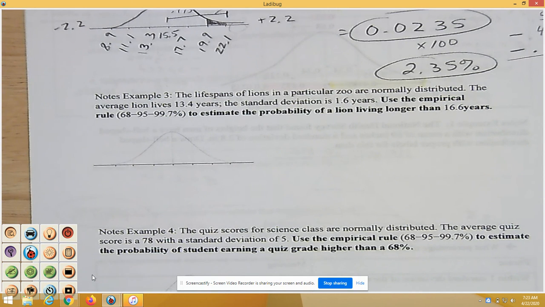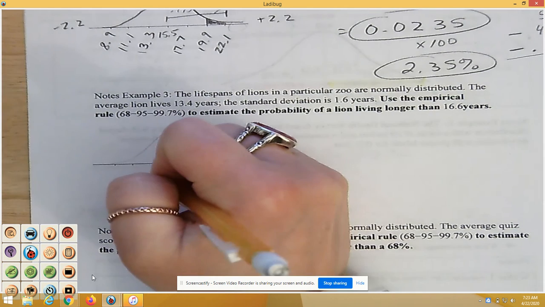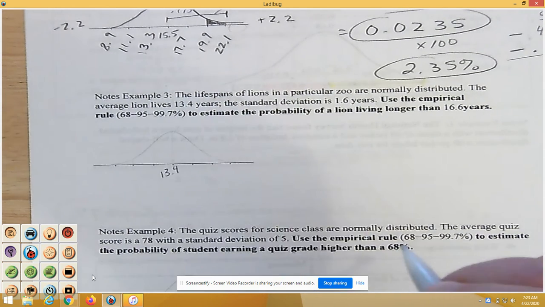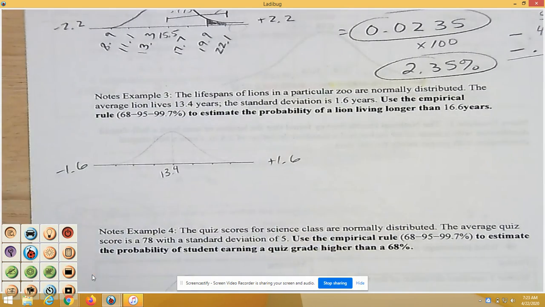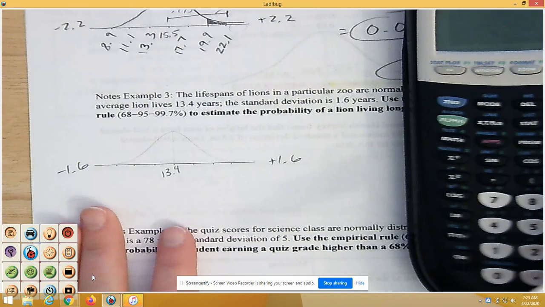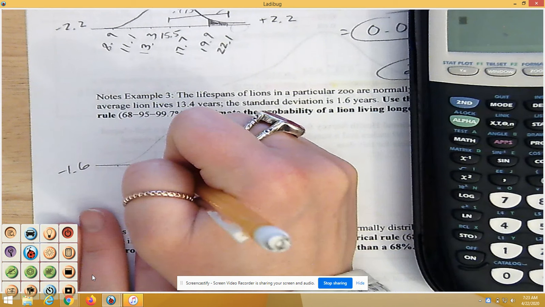I'm going to try not to mess up on my calculator. I'm not doing too well today. All right, so I have the 13.4, and I'm going to add 1.6. See, I'm not doing too well. 13.4 plus 1.6 plus 1.6 plus 1.6.